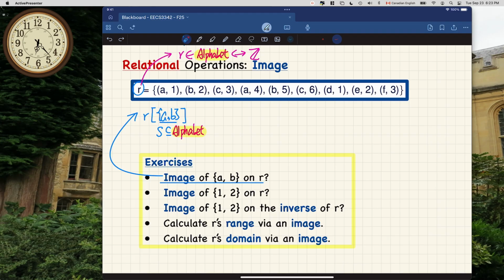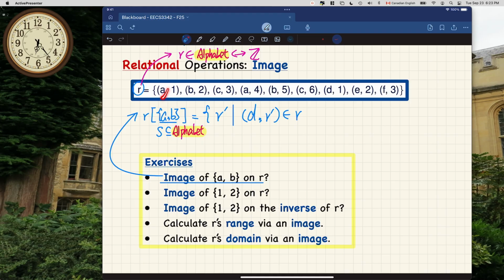So by definition, it is like this. It's going to be all the R prime, all the range values, basically, such that it's going to give you some range values from the relation R. We know that D and R prime is a member of R. What does that mean? So remember, a relation is a set of pairs. So we're talking about every pair. You can think about D here, R prime here can be A1, or can be B2.